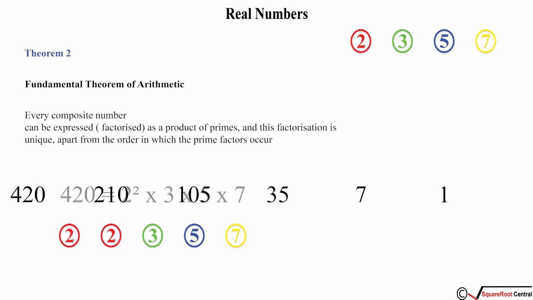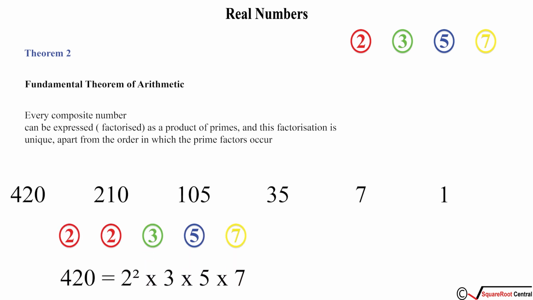That is 2 raised to the power 2 multiplied by 3 multiplied by 5 multiplied by 7. So every composite number, 420 is our composite number, can be expressed or factorized as a product of primes. And here this factorization is unique. There is no other way or any other numbers that can come here which multiplied together will make 420 except for changing the order.